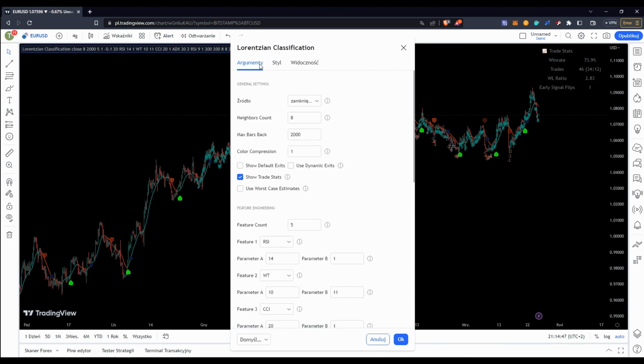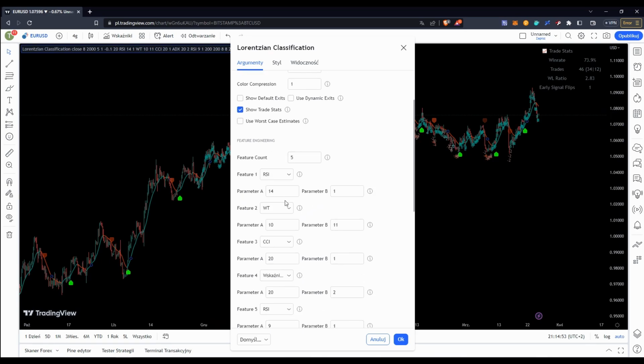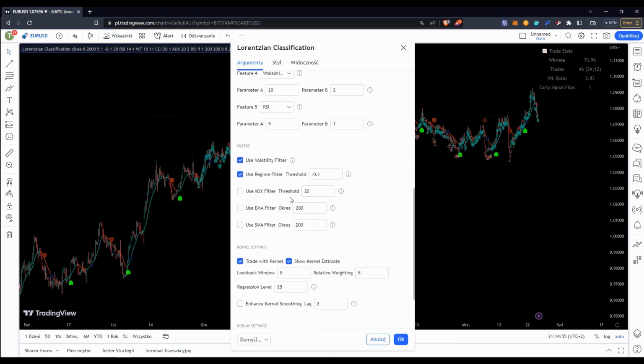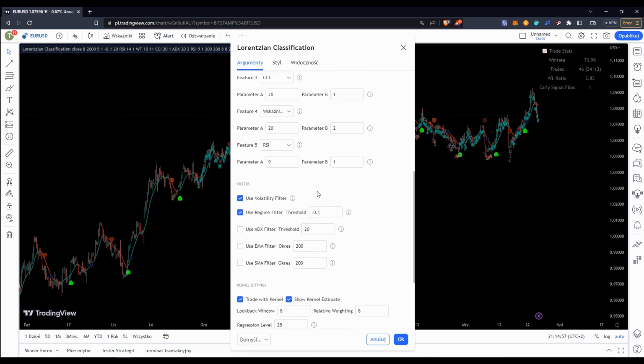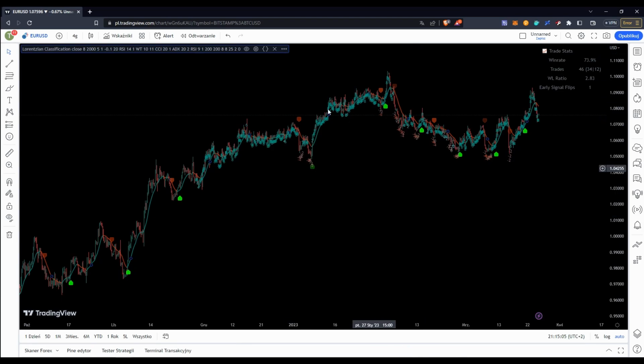You may want to see the arguments, source, and other things. You may play with the numbers over here as well. That's what you have to do on your own. You have to do your own homework. You have to do your own research by playing with the numbers, by doing plenty of examples.